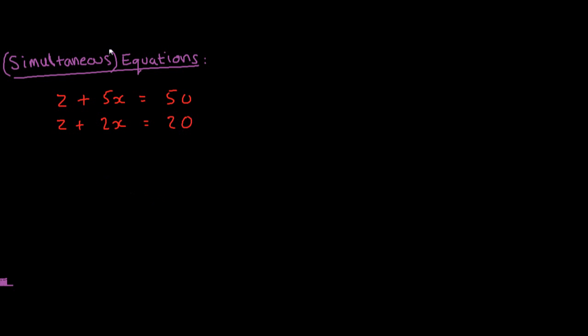Okay. So what we're doing here is using two equations simultaneously, hence the name simultaneous equations. So we're using two equations simultaneously to get a value of our variables, and our variables are expressed by the letters here and here.